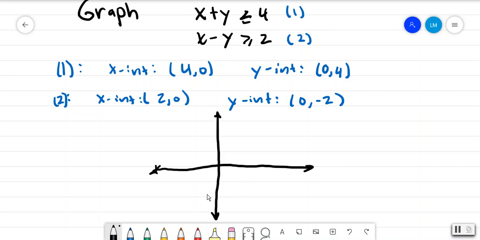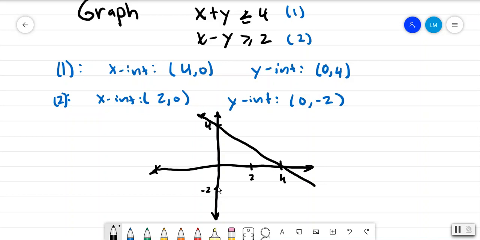Okay, so we have that. Let's go ahead and graph the first inequality. We just need 0, 4, and then we need 4, 0. So let's make this 4, 0, and it needs to look something like this. We also need 2, 0, and then we need 0, negative 2, which we'll put right there.